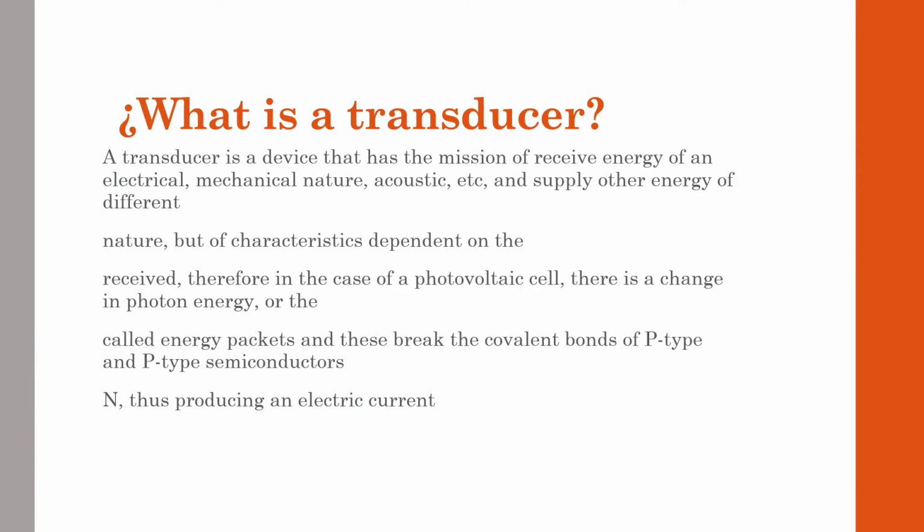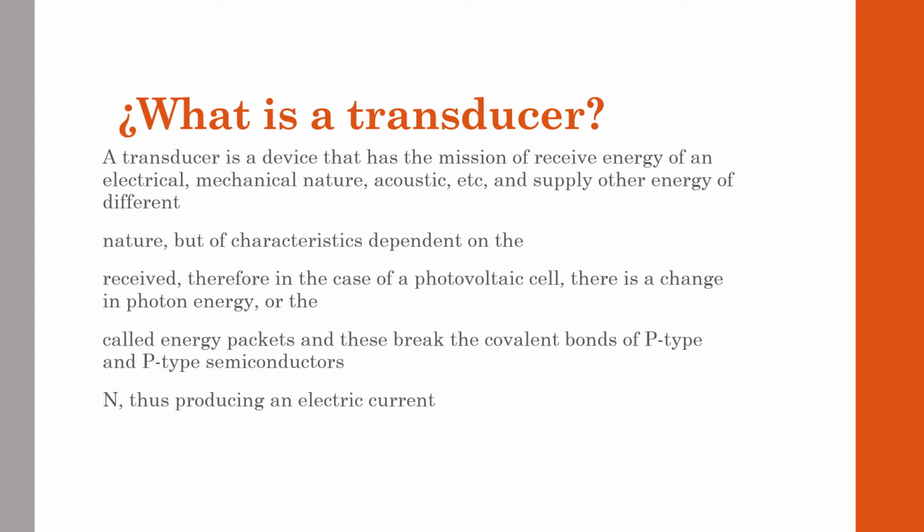A transducer is a device whose mission is to receive energy of an electrical, mechanical, or acoustic nature and supply energy of a different nature, with characteristics dependent on what it received.